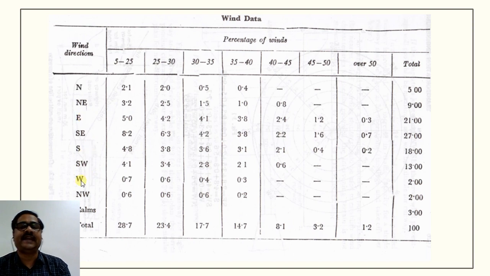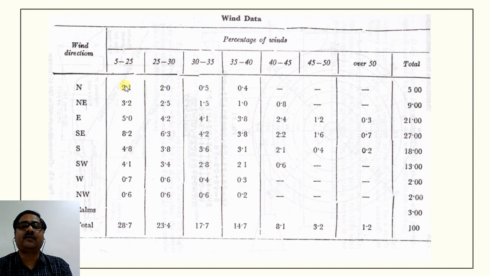As I explained previously for the windrose diagram, this is particularly for the orientation of the runway based on the windrose diagram. These rows are going to give us the 5 to 25 kilometers per hour range, 25 to 30, and 30 to 35 kilometers per hour wind velocity range.